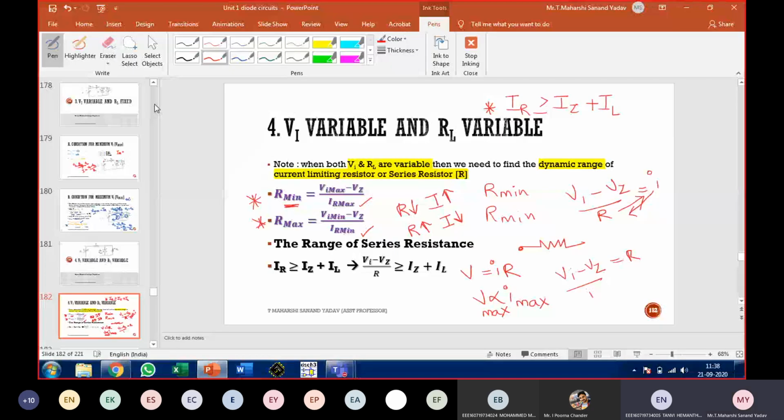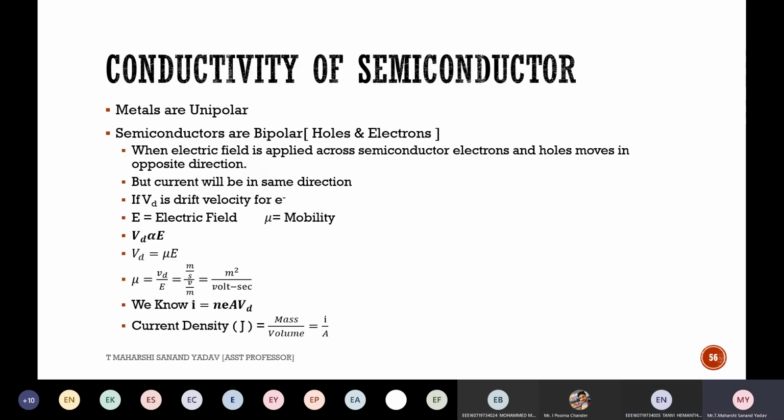Third case, Vi is variable and RL is fixed. Last one, Vi and RL both are variable. These 4 cases are very important while you're solving problems. They will mention it in the question itself, like you need to find the value of RL max or RL min. In that case, you go directly with case number 2, which means that RL is variable and input is fixed.